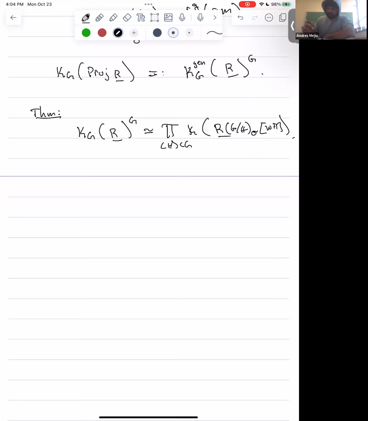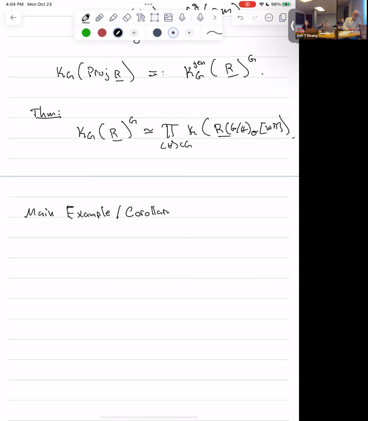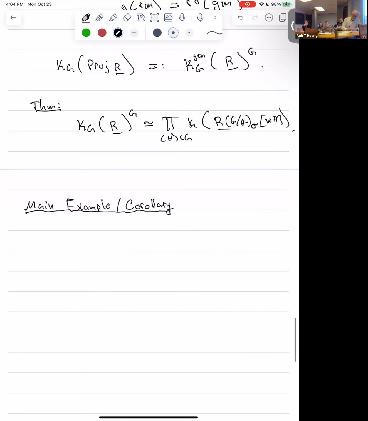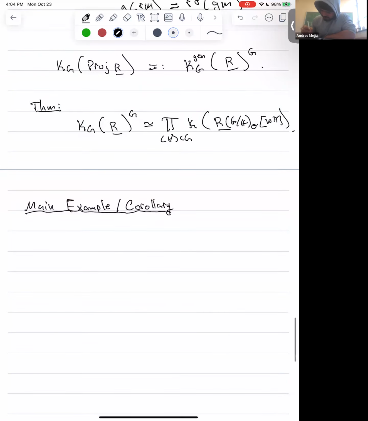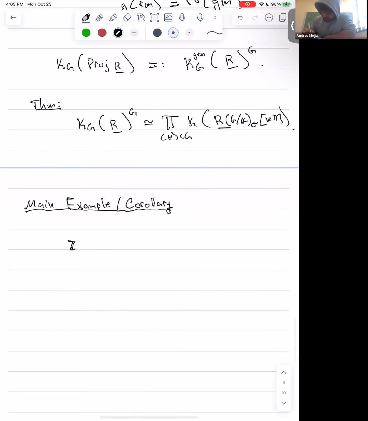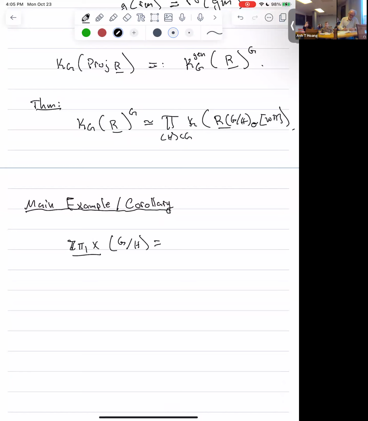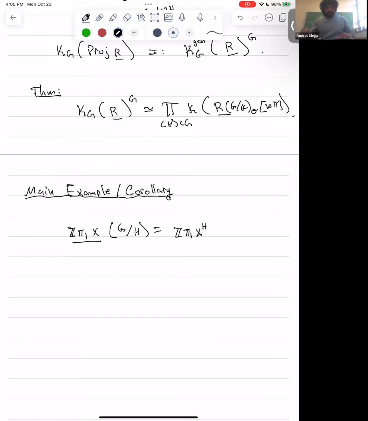Maybe this is a kind of weird way to think about it, but the main example slash corollary is that if we take the following coefficient system, then we can look at what this splitting does.